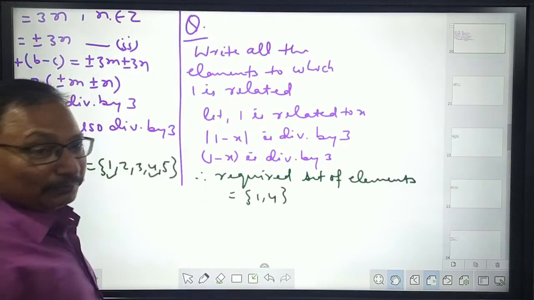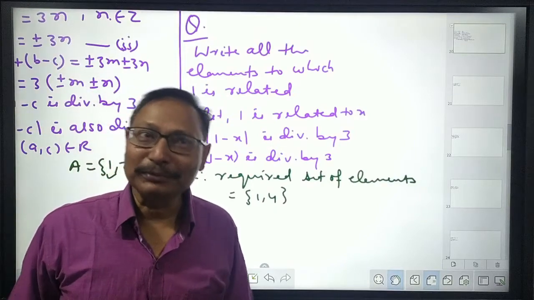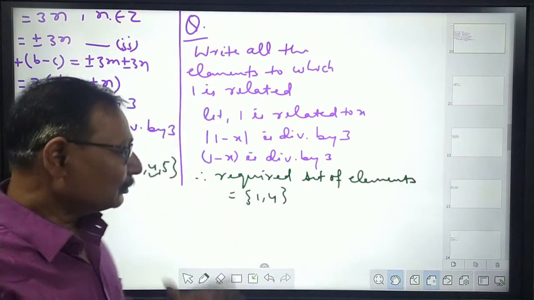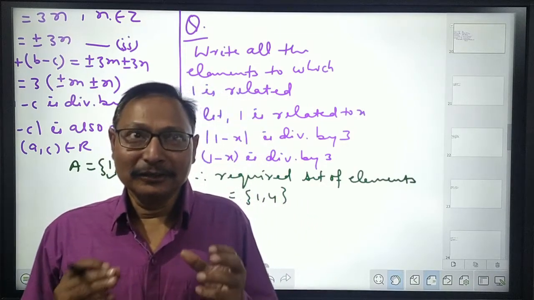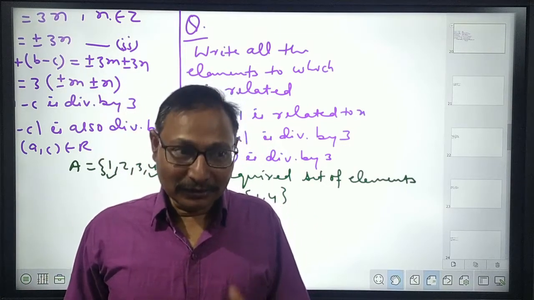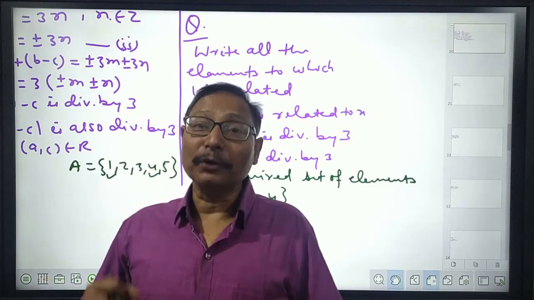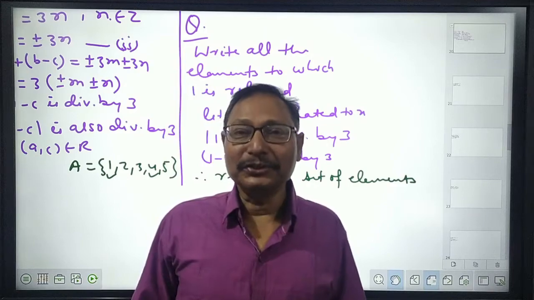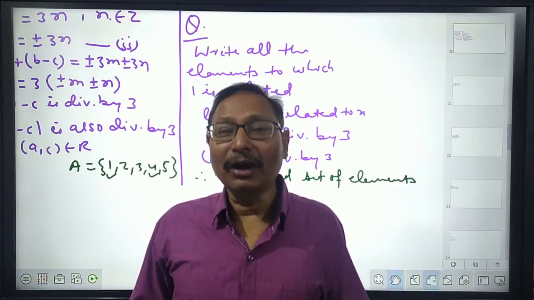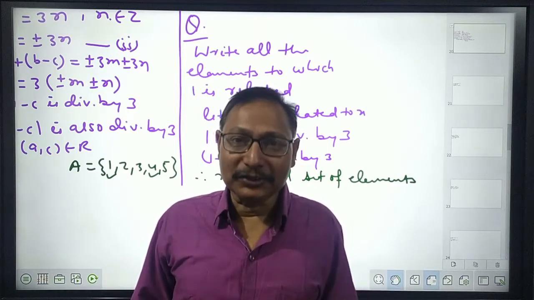Now, for the sake of having some concept, I am putting one more thing here. Actually, I took this example to make you have the proper concept regarding reflexivity, symmetricity, transitivity, and equivalence relation.